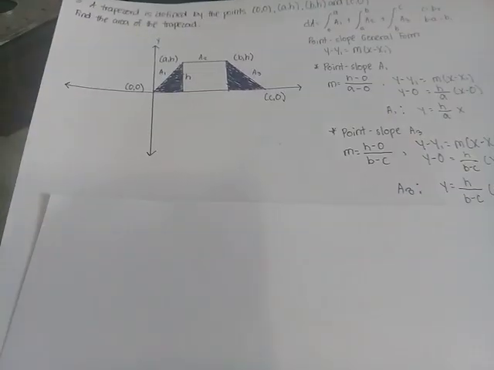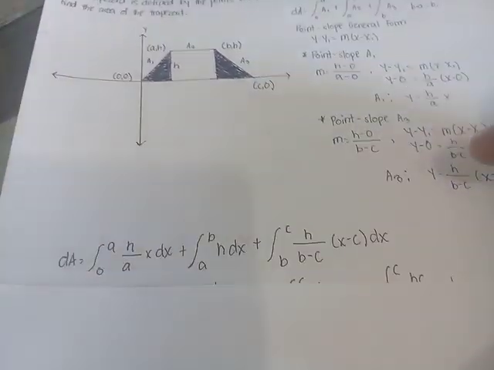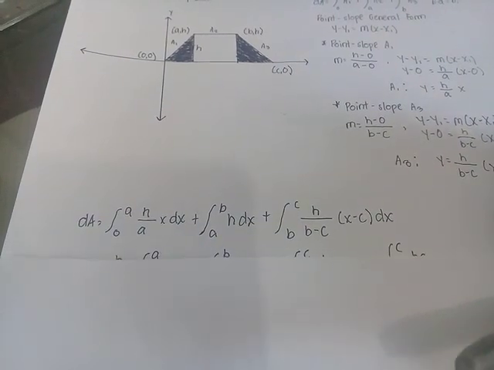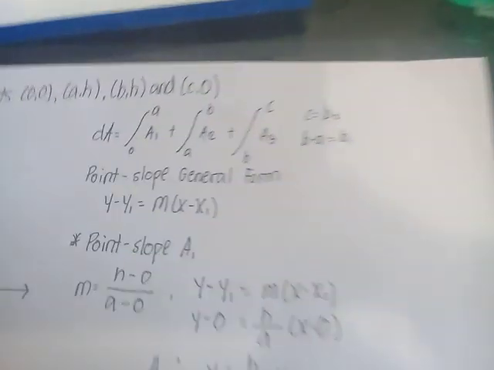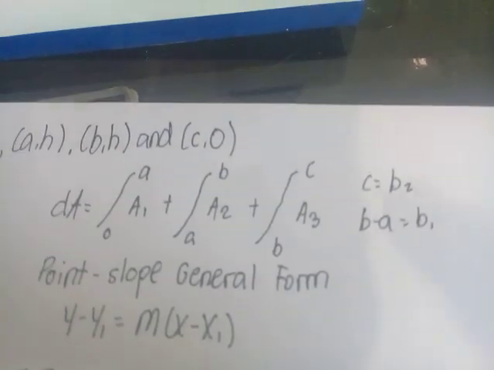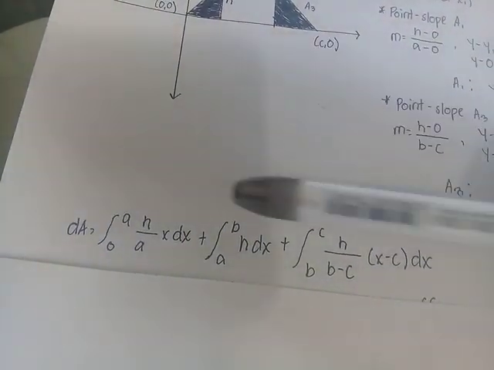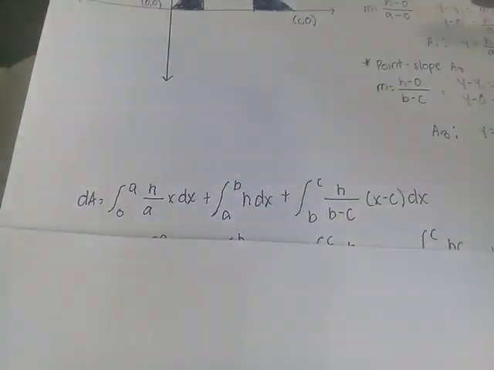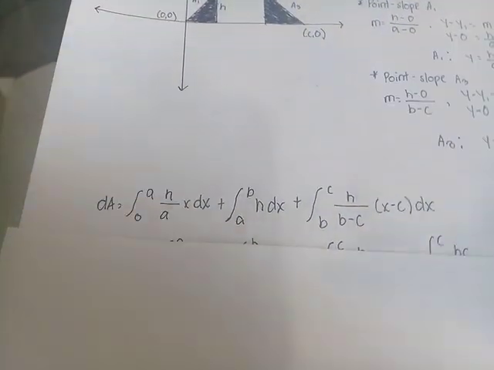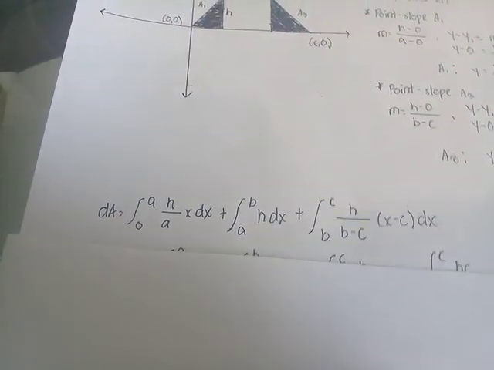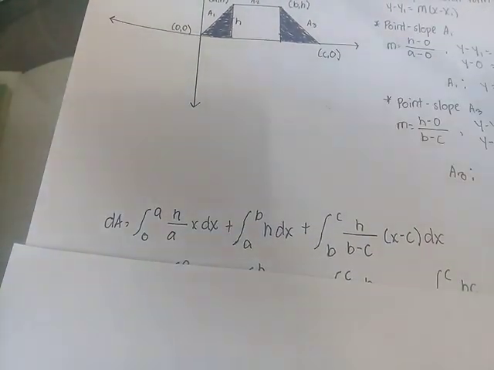Next, we will go to the following integrals. So dA is equal to the integral with the upper limit and lower limit of a and 0. For A1, we will use the equation here: the integral of h over a x dx, plus the integral with the upper limit b and a.